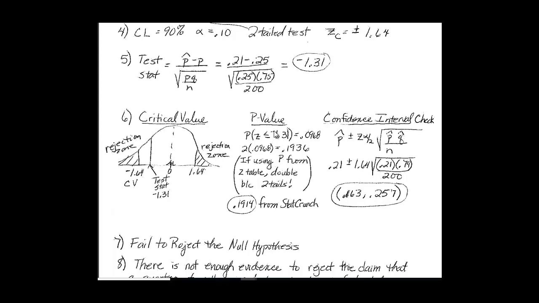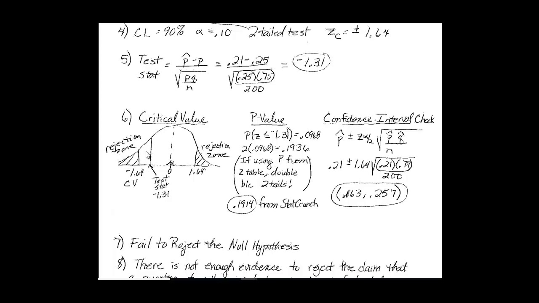When we do our p-value, notice that when we plug in the probability associated with the z-score that is less than negative 1.31, we get this 0.0968. But that's only the probability that's in one tail.